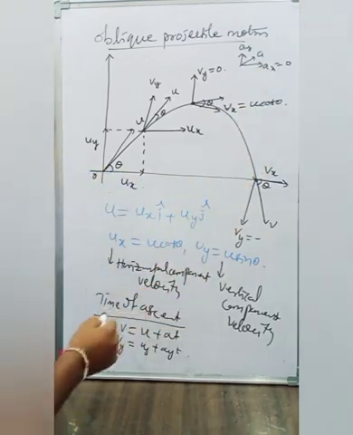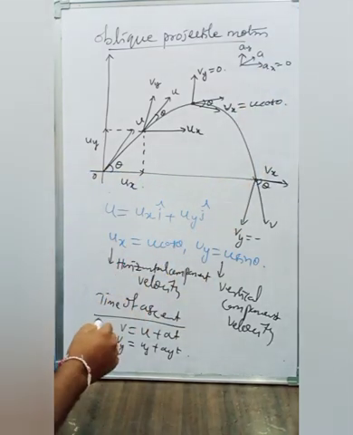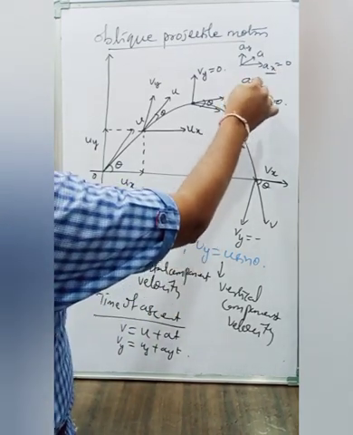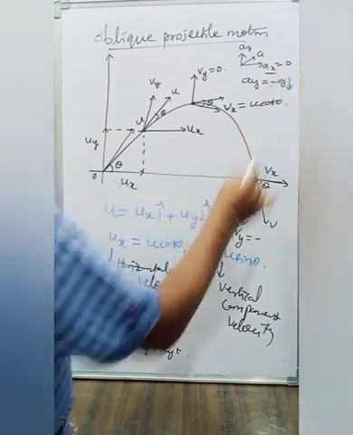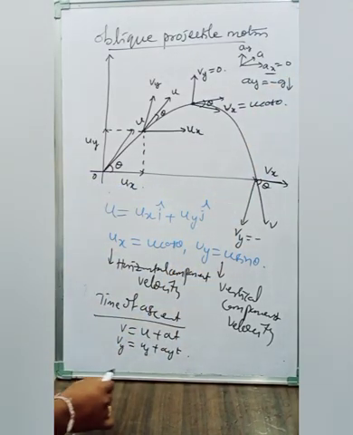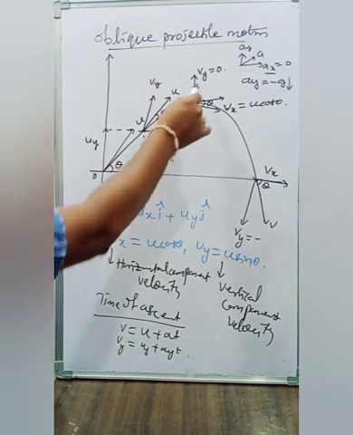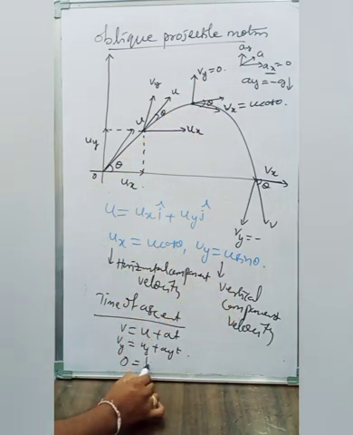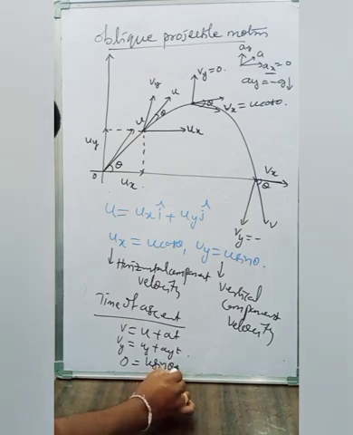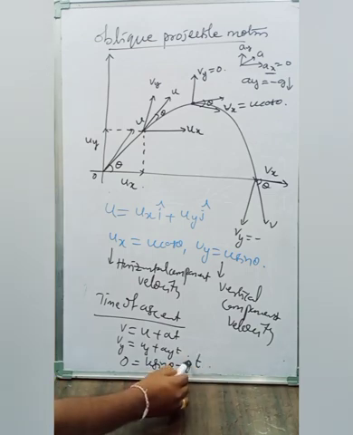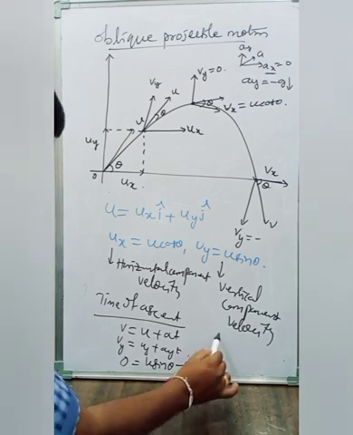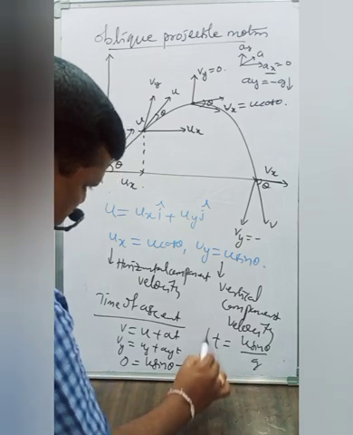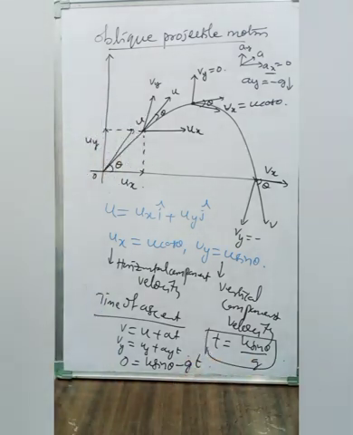Along the x-axis, the velocity component is constant, so Ax is equal to 0, therefore Ay is equal to minus g. Now in the above equation, the final velocity is 0, Uy is u sin theta and Ay is minus g, so 0 equals u sin theta minus g t. Therefore t is equal to u sin theta by g. This equation refers to the time of ascent.